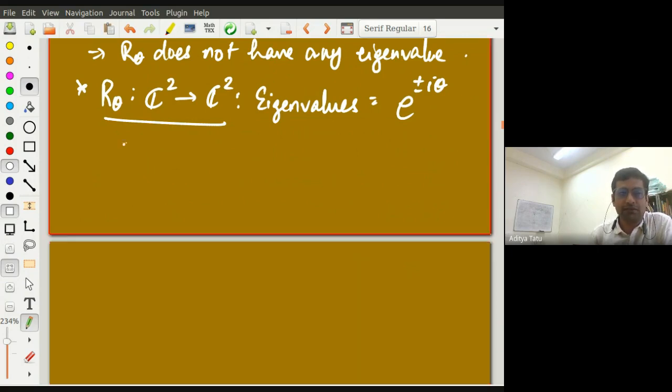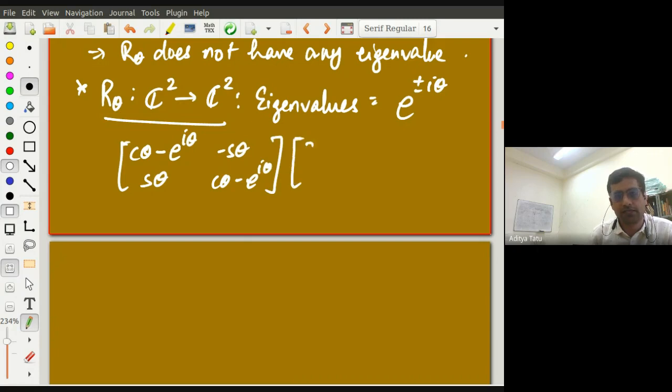So r theta was cos theta minus sin theta, sin theta cos theta. So r theta minus lambda I, okay, so minus e raised to i theta, times x y should be equal to what? 0, right?